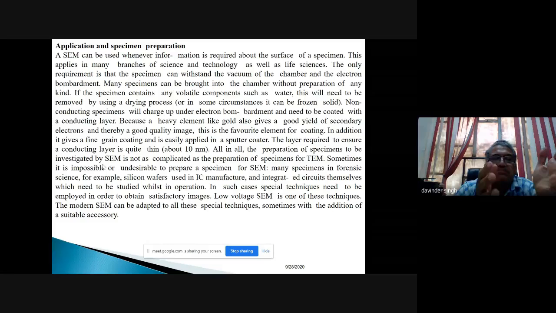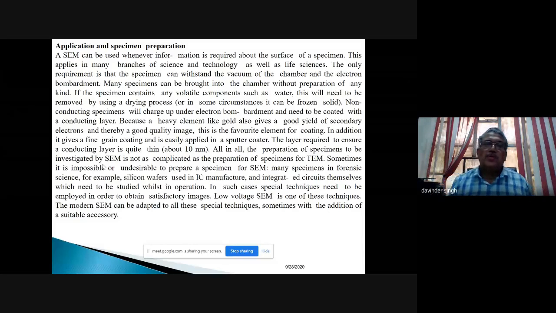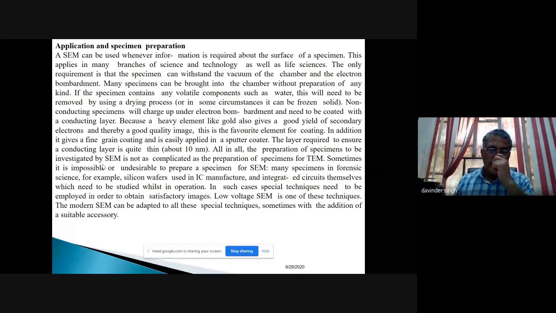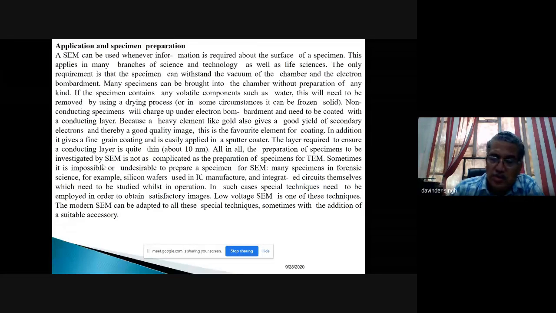For the SEM, the size depends a little on the type of chamber you have. And if you want a higher temperature, in what way you can maintain the temperature and all other things. So there are so many possibilities to think of in all these concepts of electron microscopy.